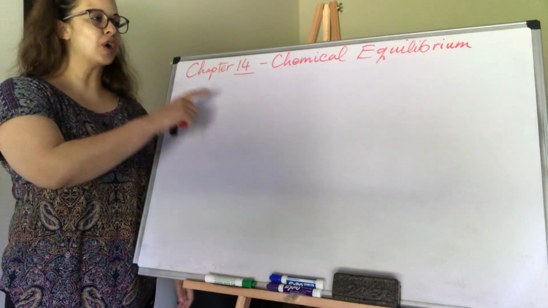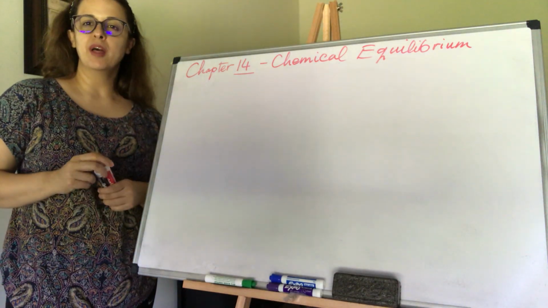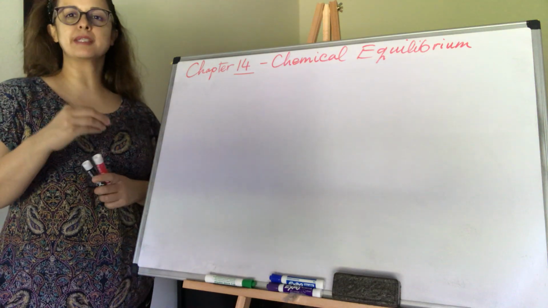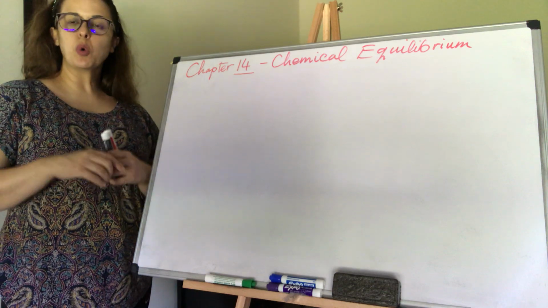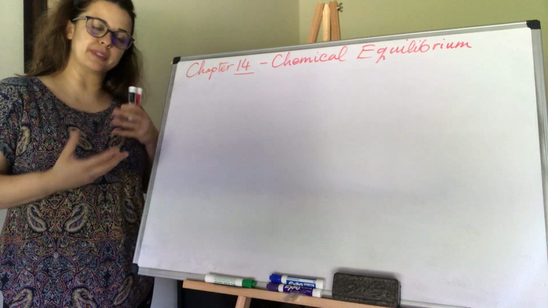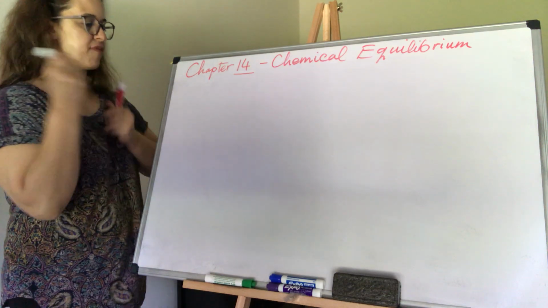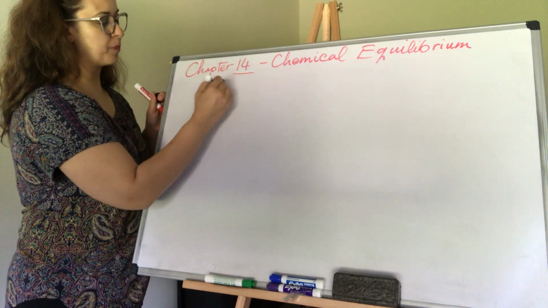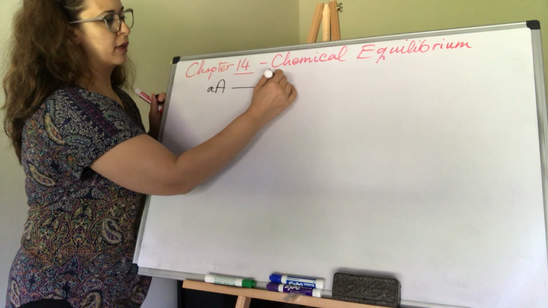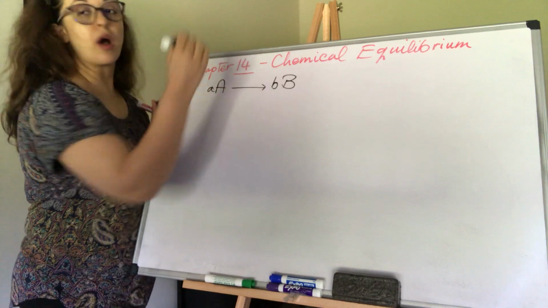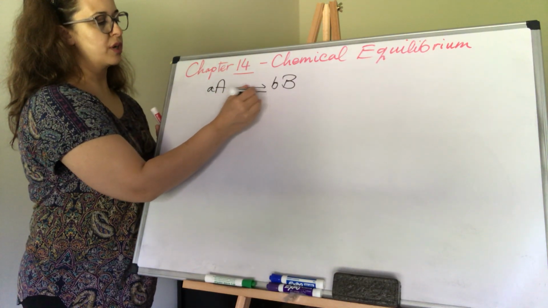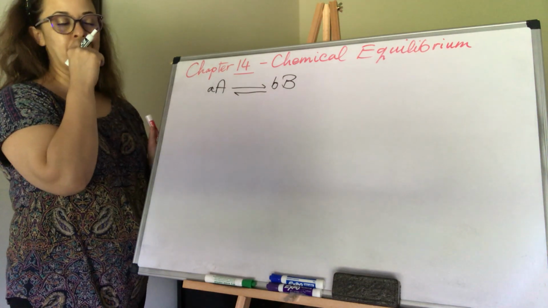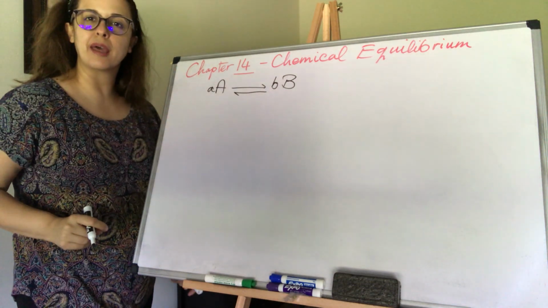Chapter 14, talking about chemical equilibrium, working on some of the concepts and then start working on the calculations. So basically, what is an equilibrium? Some of the reactions, if you have, for example, A going to form product B, this reaction goes back to form the A again.